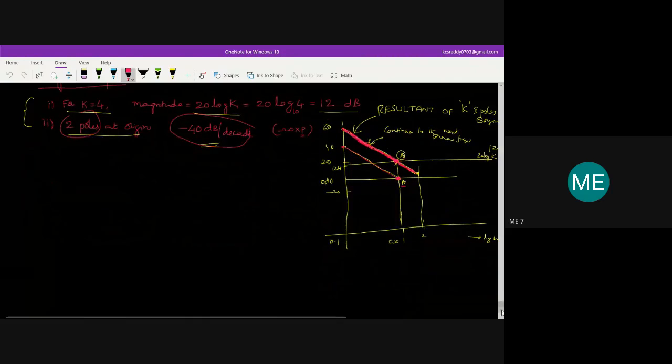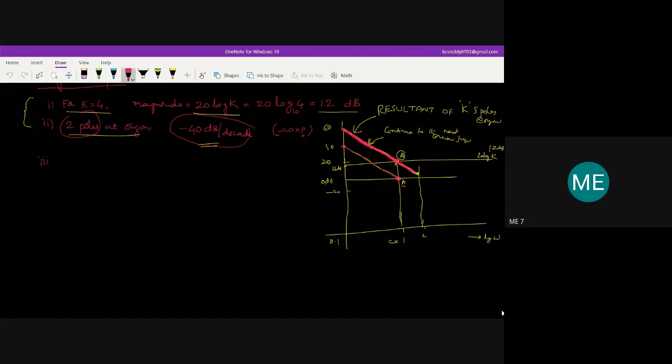What are you going to get here? One simple zero. The third factor is a simple zero, which comes into the picture at omega C1 equal to 2 radians per second. The simple zero contributes plus 20 dB per decade.